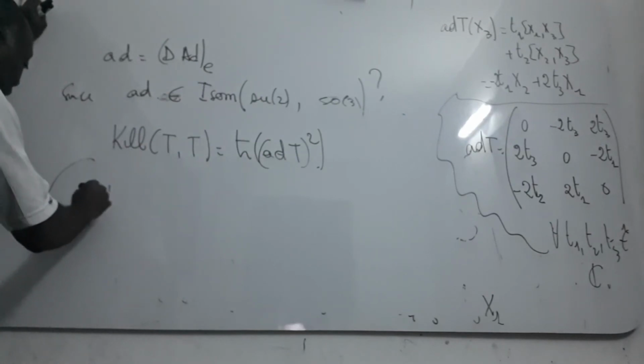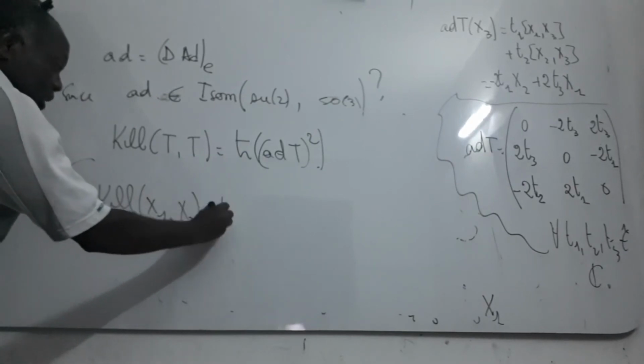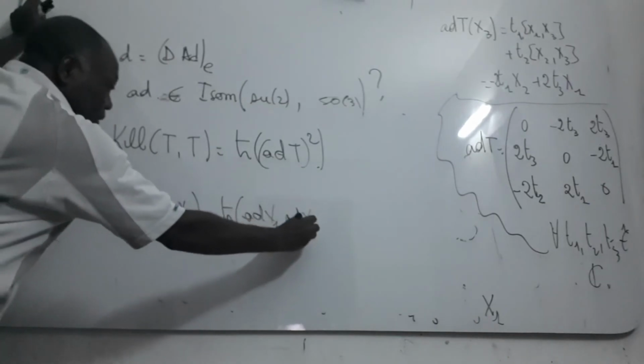I remind you that the Killing form of S1, S2 is the trace of the adjoint of S1 composed with the adjoint of S2.